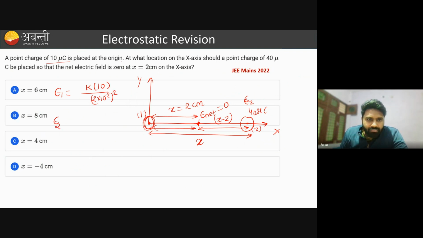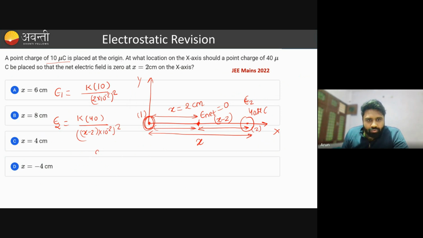For E2, this point is at x minus 2 centimeter, so it is k into 40 microcoulomb. I am not converting into coulomb, because if you equate them, it will automatically get cancelled, so you don't need to worry about it. The distance is x minus 2 times 10 raised to the power minus 2, squared.